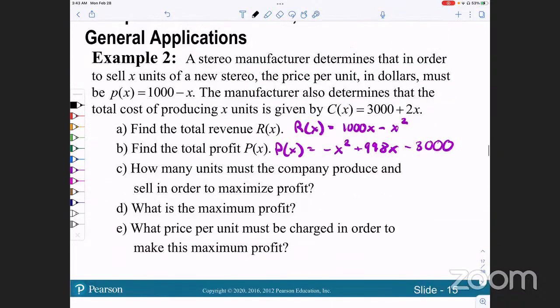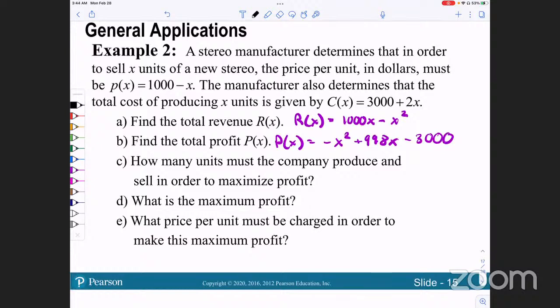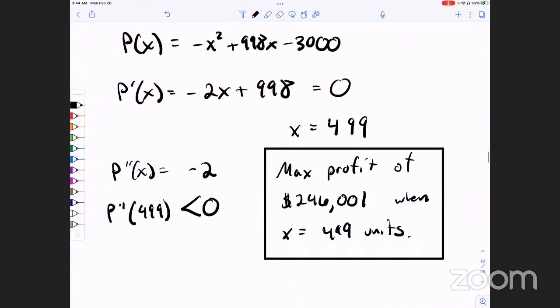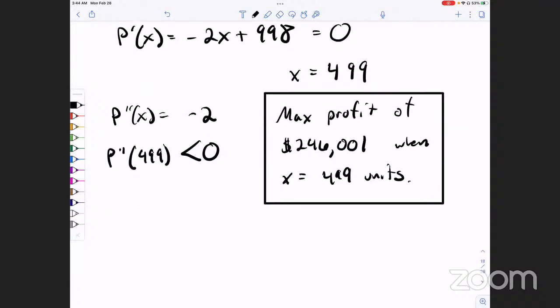So basically they want us to solve for the little p of x. I think we just take that profit and divide by the 499, right? So we say 246,001 divided by 499, and that will tell us the price per unit.